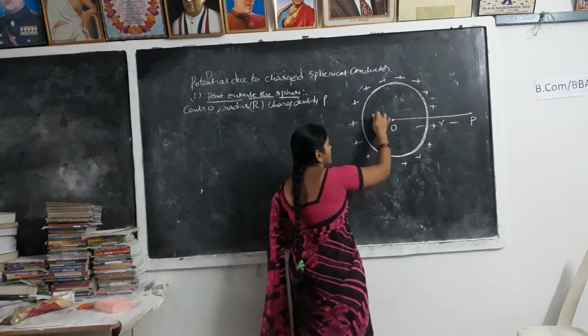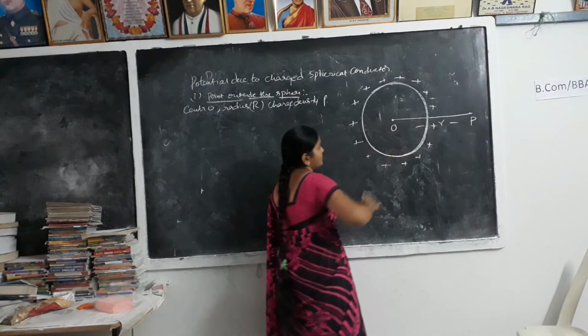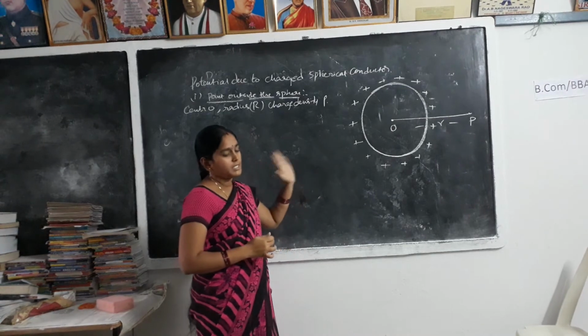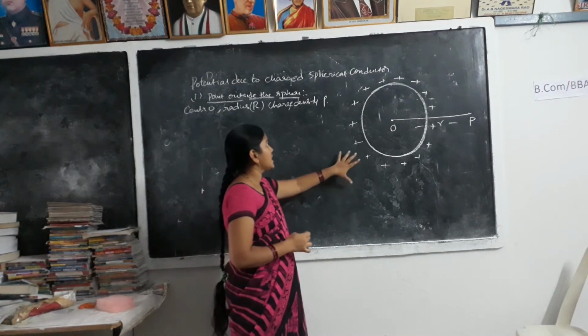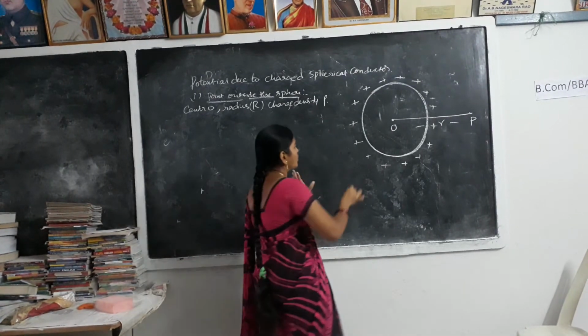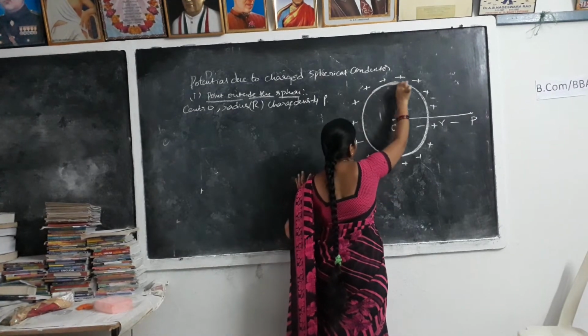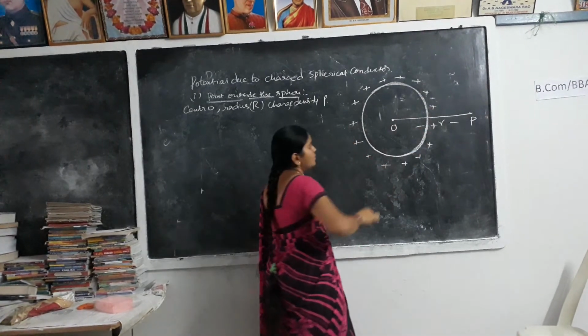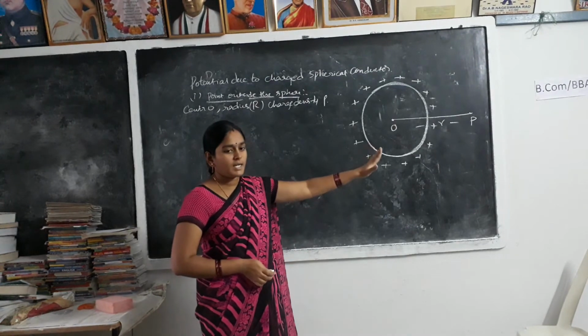That means inside the spherical conductor there is no charge. Now our aim is to calculate the potential at P.